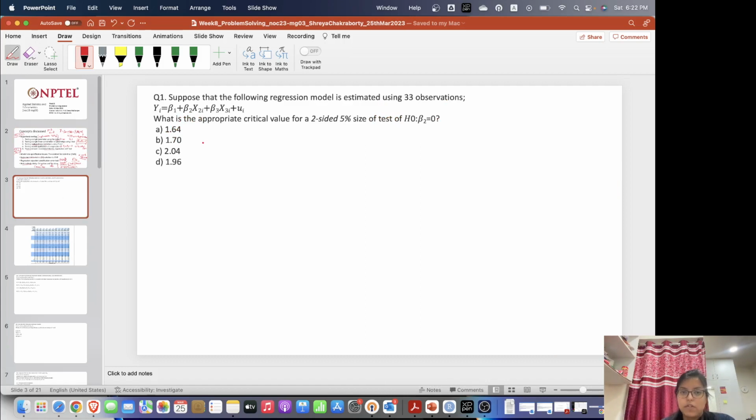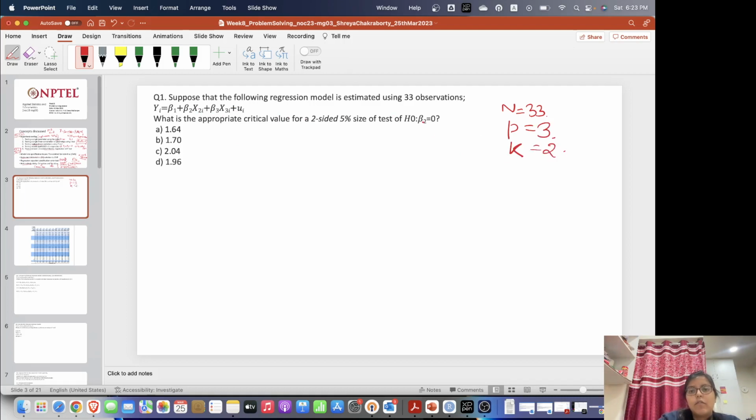This is the first question. Suppose we have the following regression model, and this model is estimated using 33 observations. So n in this case is 33. The number of unknown parameters p is 1, 2, 3, and k, the number of regressors, is 2.